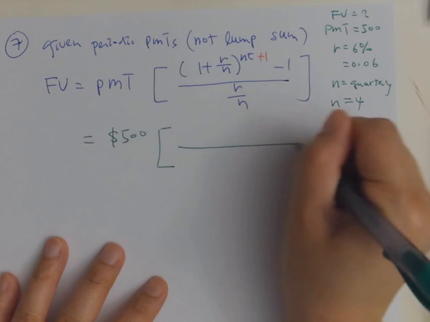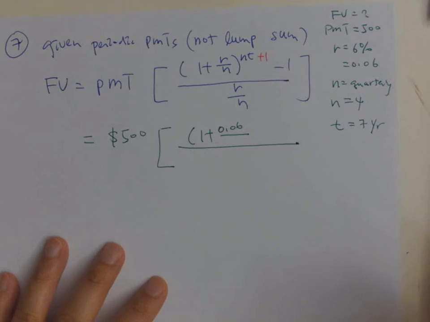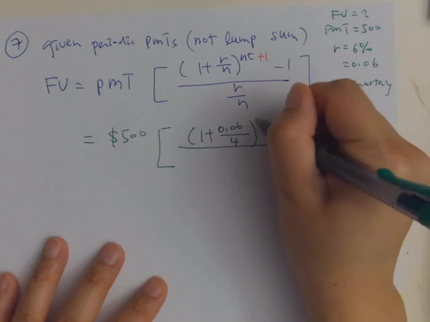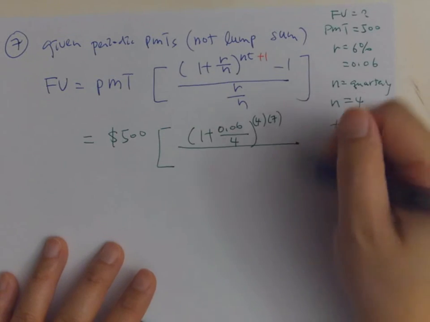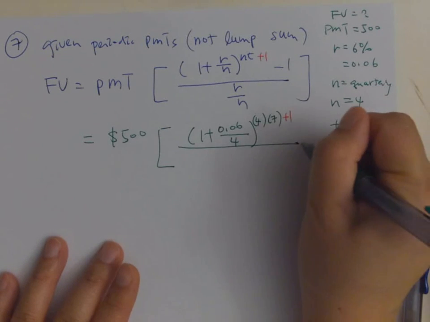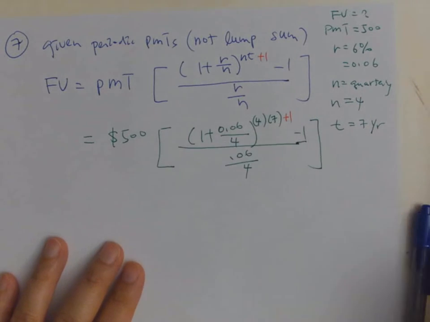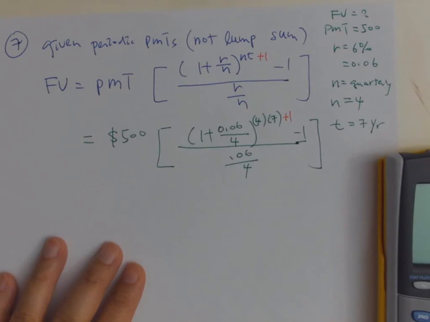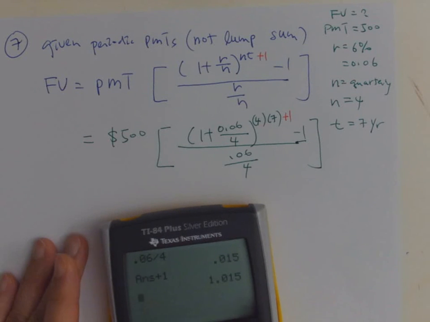500 times (1 plus 0.06 divided by n, which is 4) raised to 4 times 7. 4 times a year, 7 years. But don't forget to add one more compounding period because you deposit the money at the beginning of the period, and then divided by 0.06 divided by 4. So using your calculator, 0.06 divided by 4 plus the 1 is 1.015.